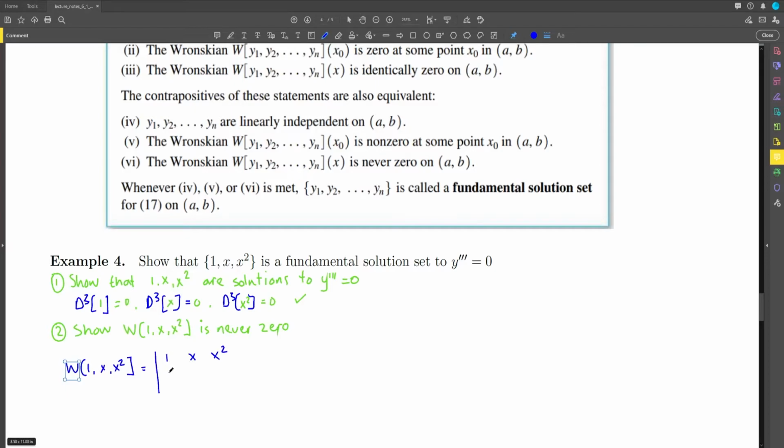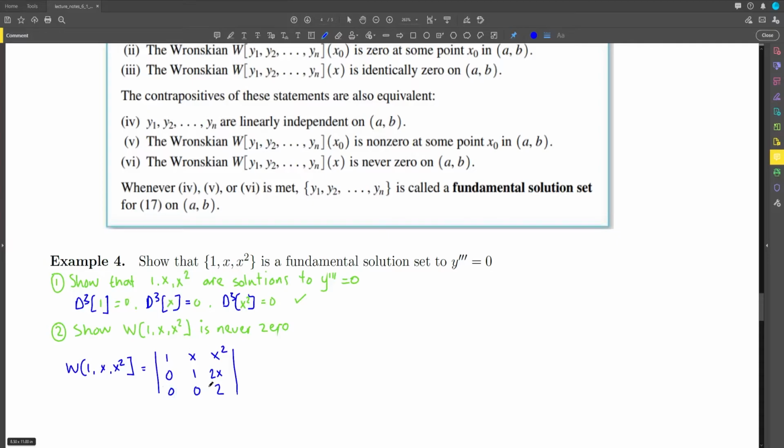So the derivative of 1 equals 0, the derivative of x equals 1, the derivative of x squared is 2x. And then the final row in our 3 by 3 determinant will be 0, the derivative of 0, 0, the derivative of 1, and then 2, the derivative of 2x.